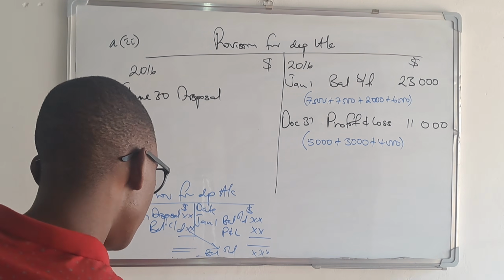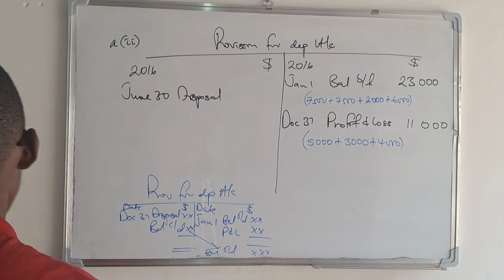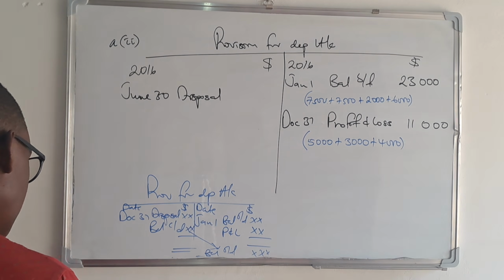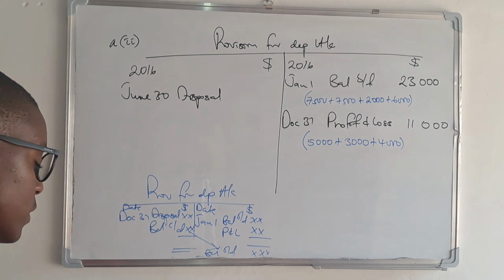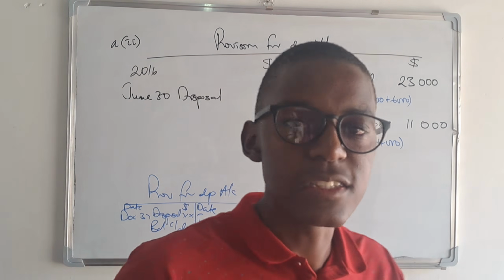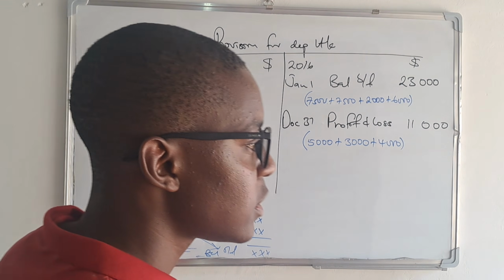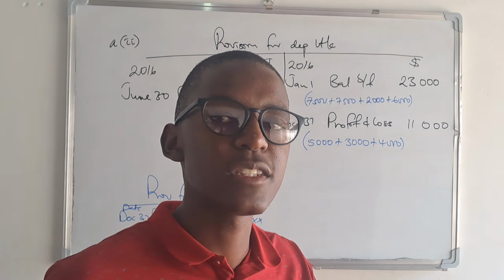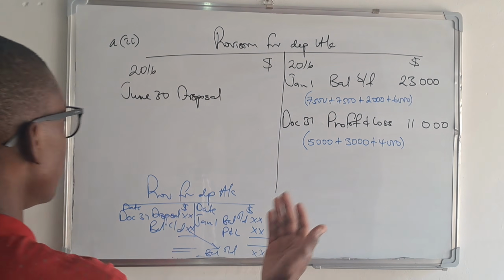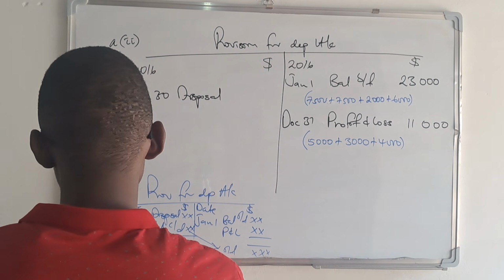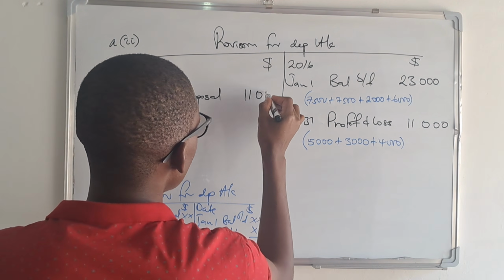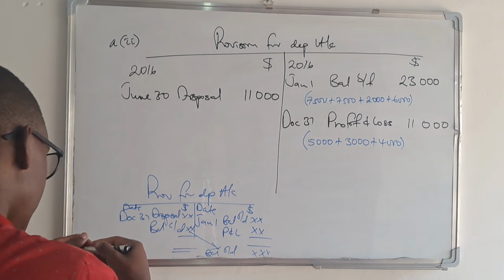Since this asset was disposed at $40,000, we are going to calculate the depreciation from the date it was purchased to the date it was sold. It will be 11,000. We take the depreciation from the date it was purchased to the date it was sold, traded in or disposed. You record the 11,000 according to the workings. I did the working for that.